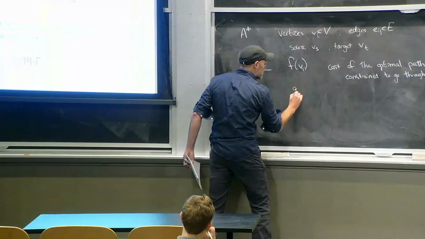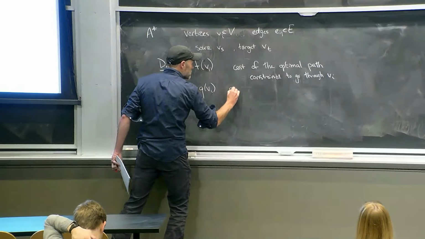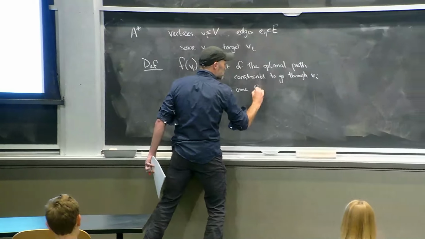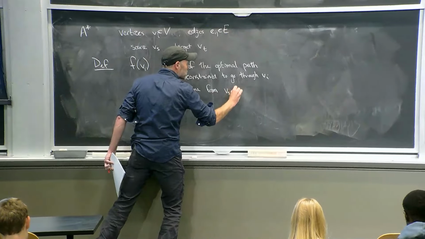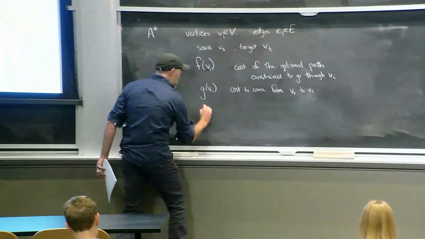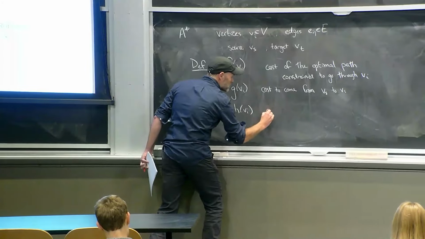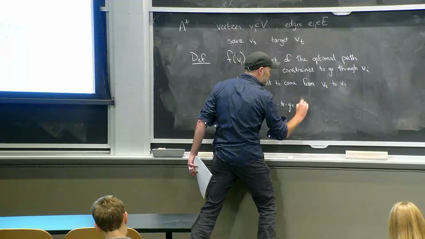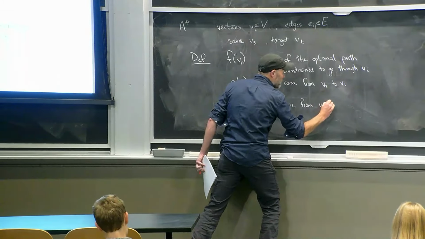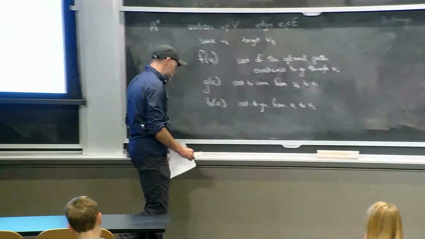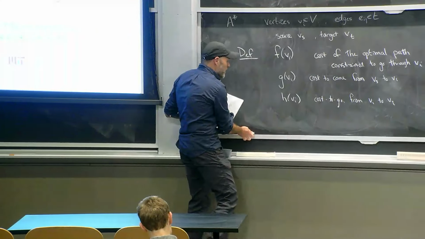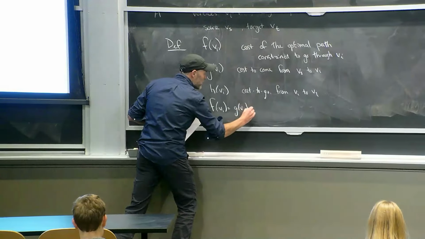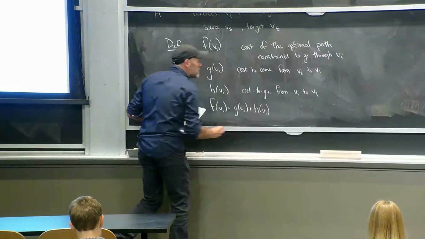We can break that up into a cost to come from V_source to V_i, and a cost to go, which you know a lot about from dynamic programming, from V_i to V_target. The total cost is the cost of getting to node V_i plus the cost to go.